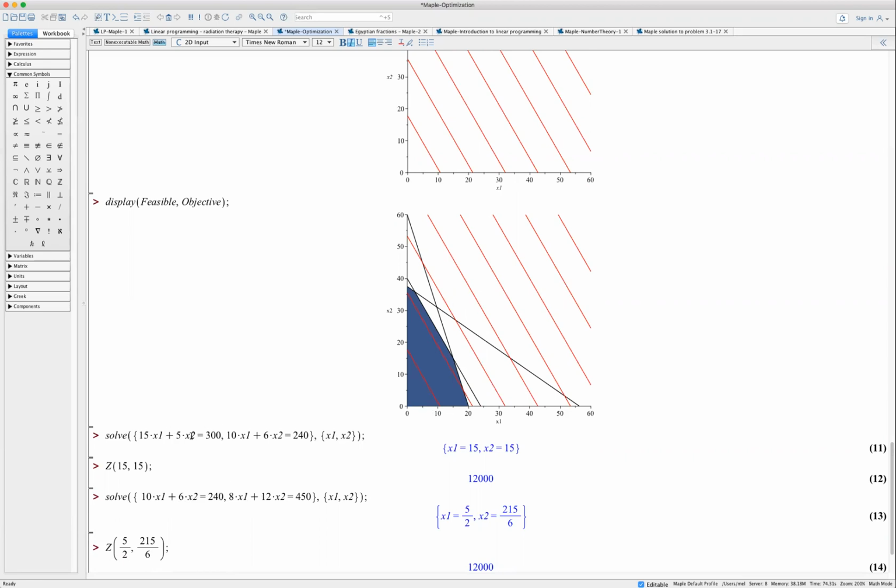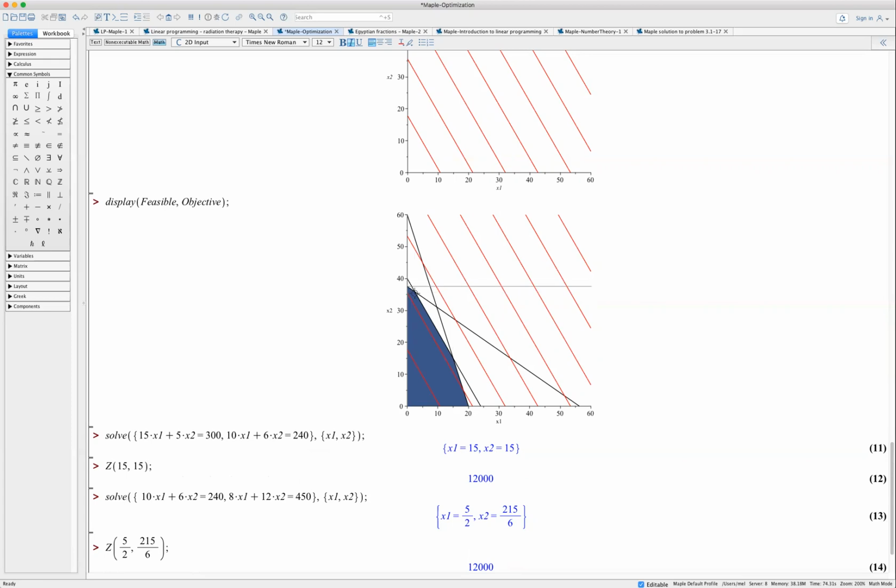Sorry, 15x1 plus 5x2 equal 300. And this is the other. And when you solve those lines, you get this point of intersection is 15, 15. And when you evaluate the objective function at that point, you get 12,000.